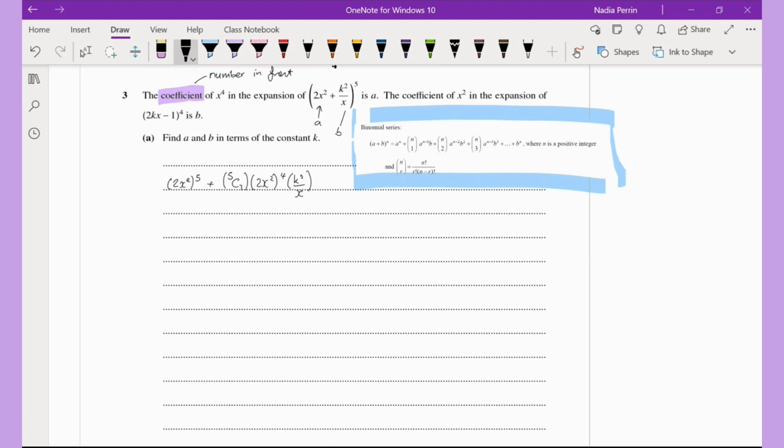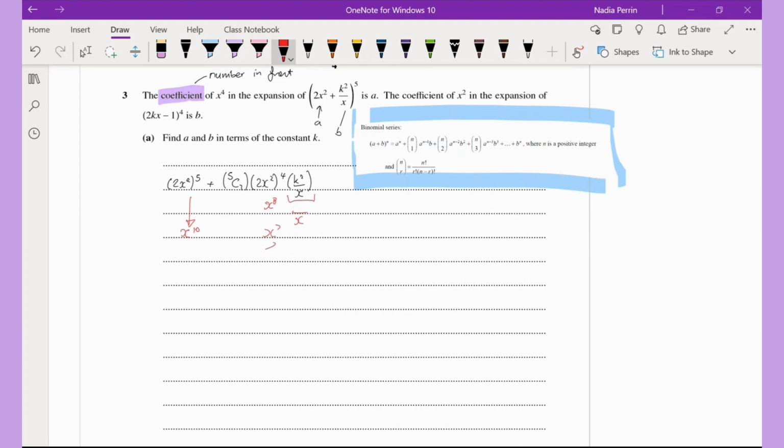So if we start to look at the pattern already, this one is going to produce something to do with x to the power of 10, because 2 times 5 is 10. This one, I've got x to the 8 in this section. In this section, I've got it over x. So x to the power of 8 over x is going to be x to the 7.